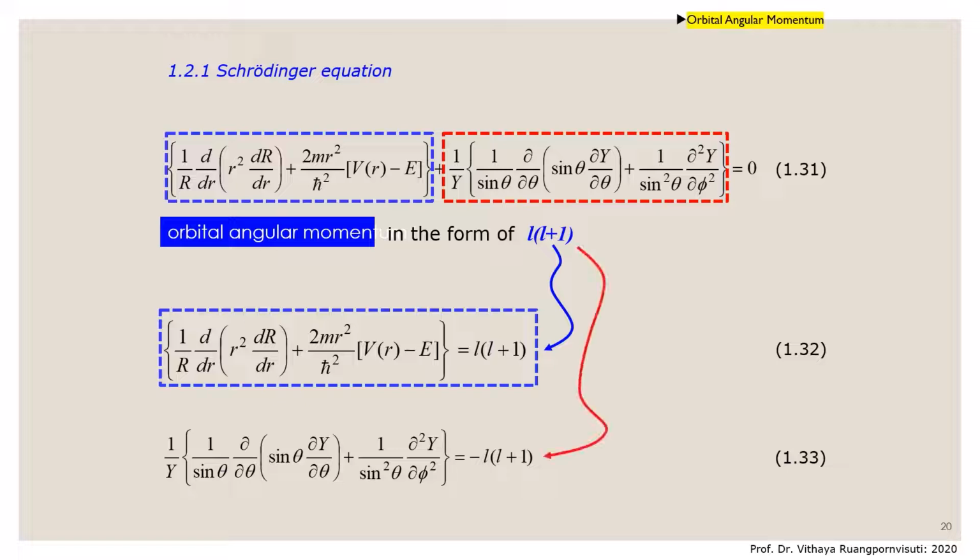And the last part, the angular part, should be minus l multiplied by l plus 1, to get the result of zero for equation 1.31.